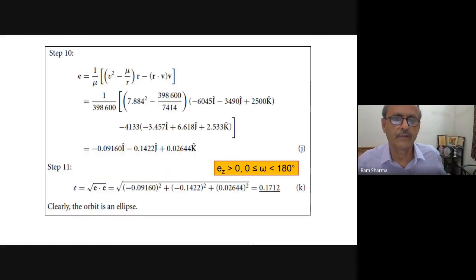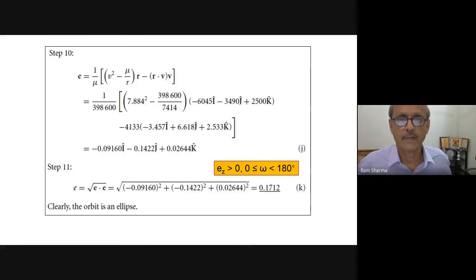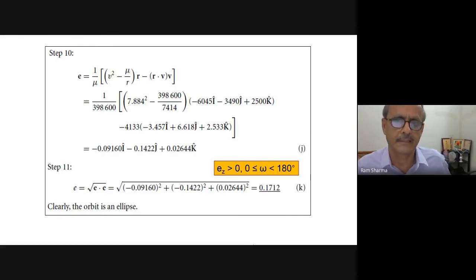And now the E vector: the same thing I told you, when you simplify, it can come in this form, but you can also calculate directly from there. The derivation is the same, and this is also okay, because V square is known to you. This is in scalar form.